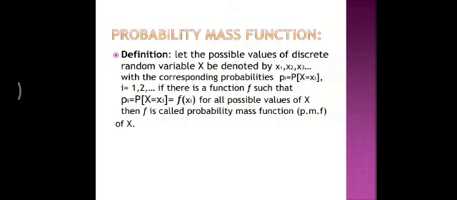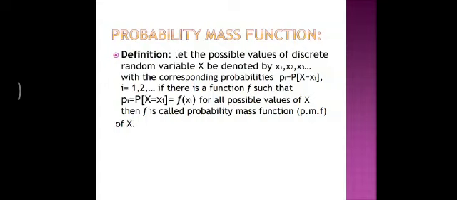There is a difference between the probability distribution of a discrete random variable and the probability mass function. In the distribution, for every xi there is a probability of that number, meaning for x1 there will be p1.